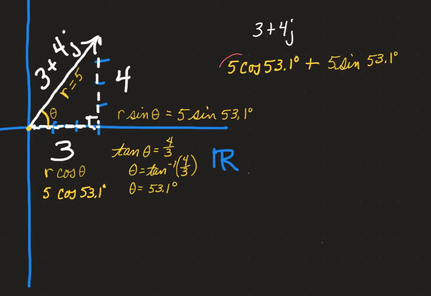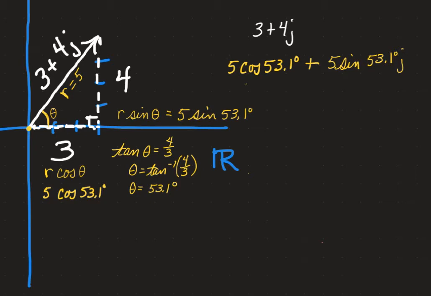So we have our value for 3, and we have our value for 4, but we still have a j that needs to go onto the end. Now, we also have a common factor in both the real component and the imaginary component. That common factor is 5.